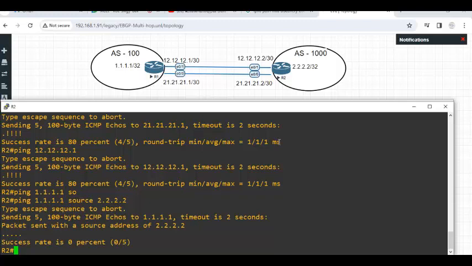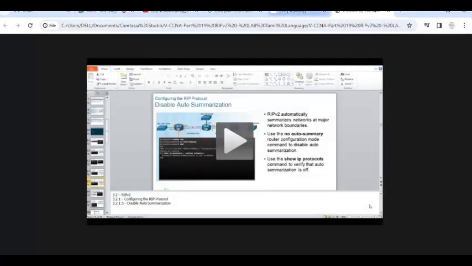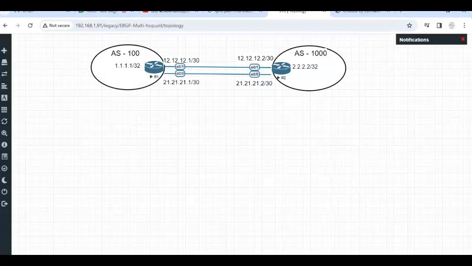We are not allowed to do such things on the WAN side. Not possible, right? Within an organization, yes, you can use an IGP protocol. But this is two different autonomous systems. So what you can have is a static route. You can have a static route only to that address, like this.